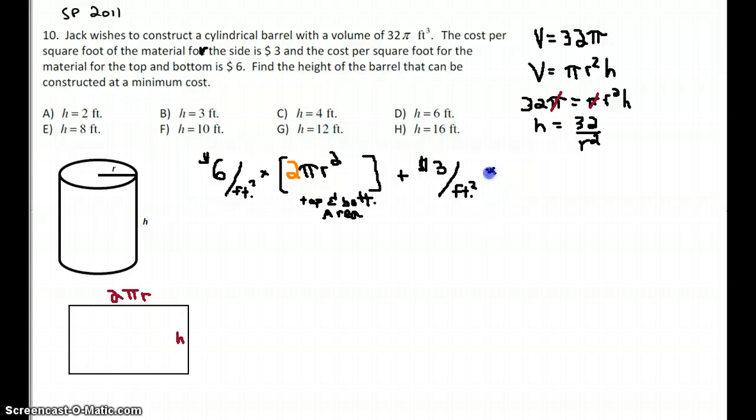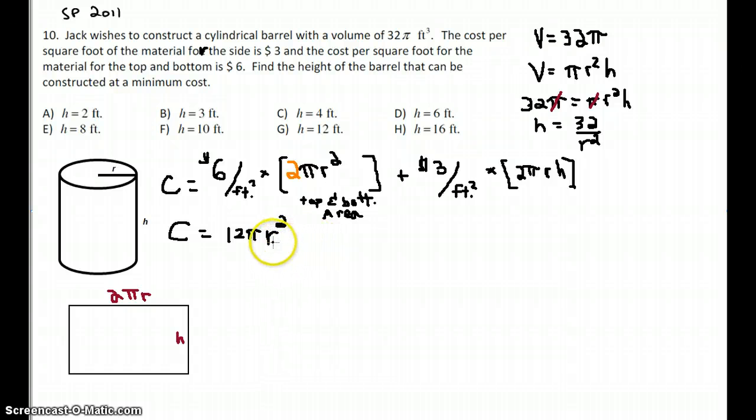Multiply that by 2 pi r h. And that will be our cost equation, simplifying to be 12 pi r squared plus 6 pi r h.